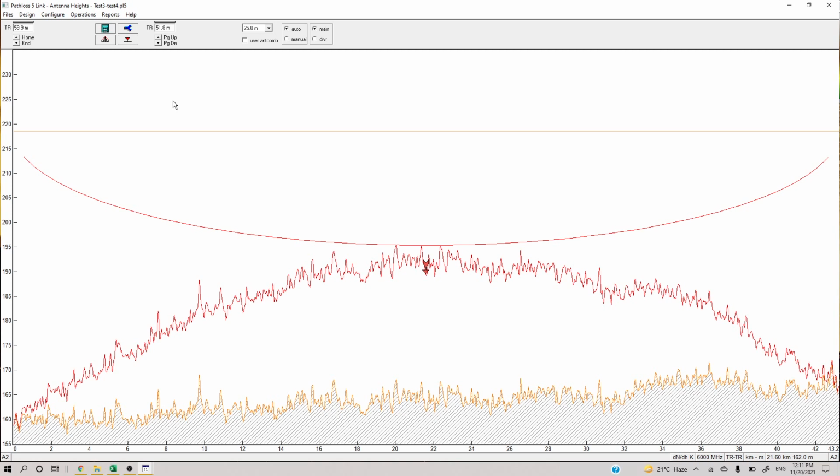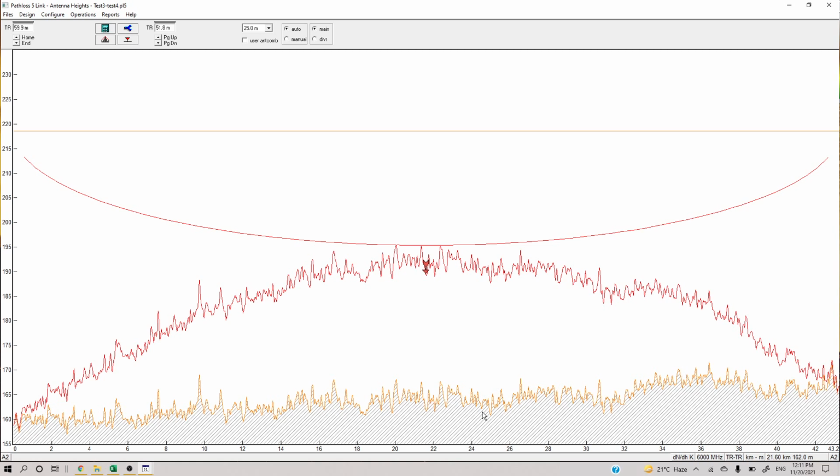But here you can see that this red is your earth bulge. I will not go in very much detail right now, but the yellow one is the normal earth. This is the line of sight.